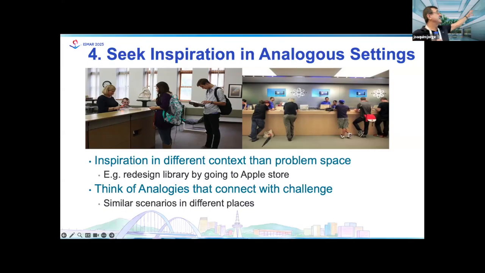So you can find similar scenarios, people trying to check out books in a library. I know there aren't many people checking out books in a library, which is good for one reason and bad for lots of other reasons. But if you try to improve your local library using extended reality, then you can also look at the way people interact in a computer store. Apple Store is a good example, by the way.